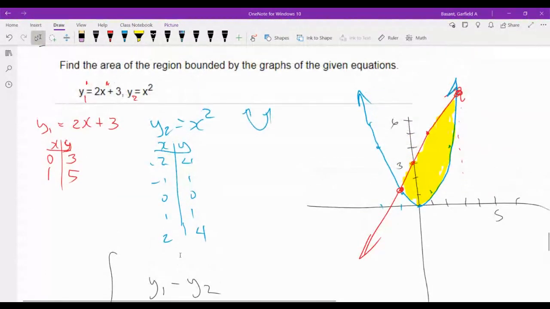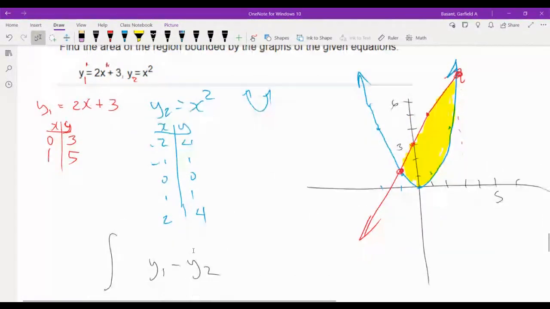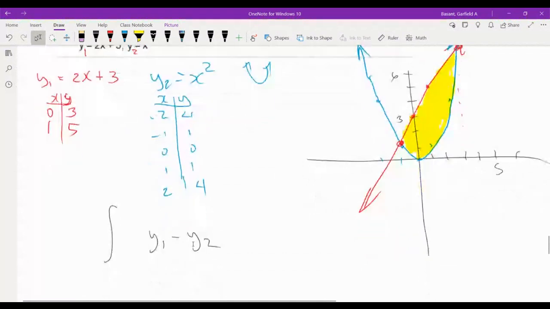The best way to do this is to solve the equation. This goes back to your college algebra days again. To find out where they actually intersect, you're going to have to set y1 equal to y2, because where y1 is equal to y2, that's where they intersect. This is where y1 equals y2, and this is where y1 equals y2. So we have 2x plus 3 is equal to x squared.